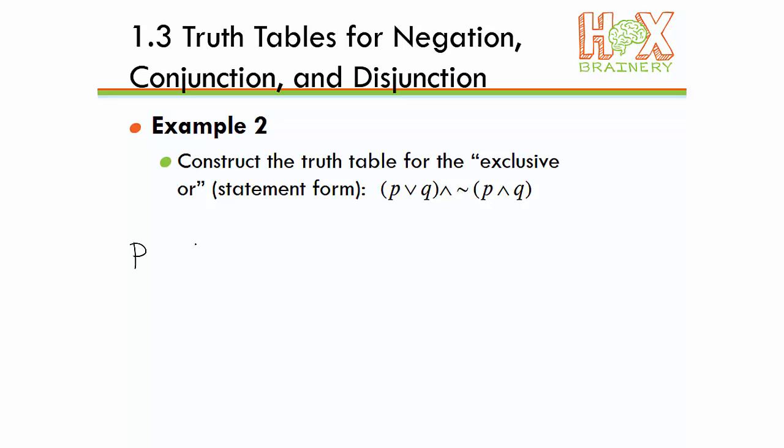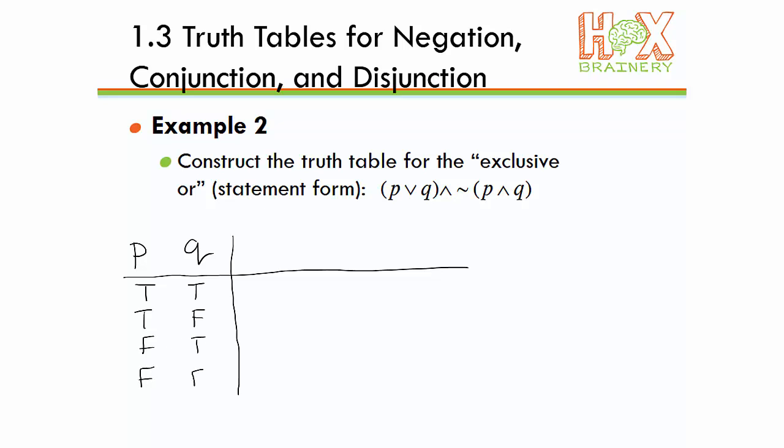It looks like there's a lot going on, but at least it's just the two simple statements. So we're only going to have the 4 cases. Okay, there's all the combinations of true and false. And I'm just going to copy down that symbolic form for the exclusive OR.